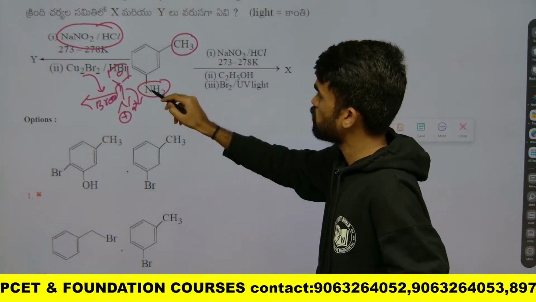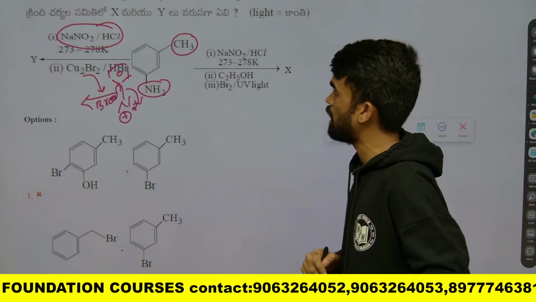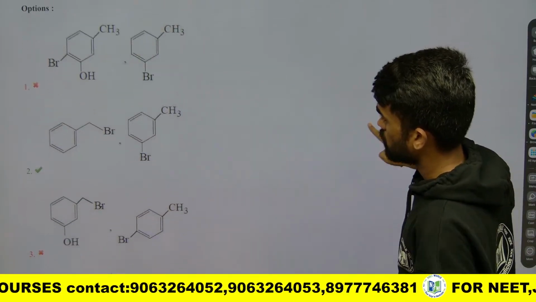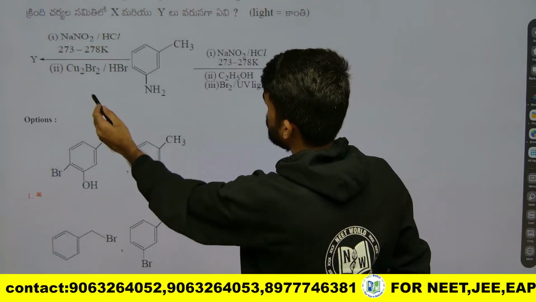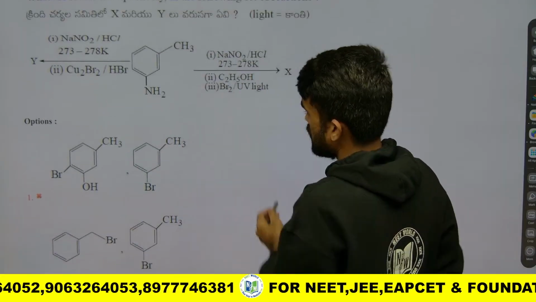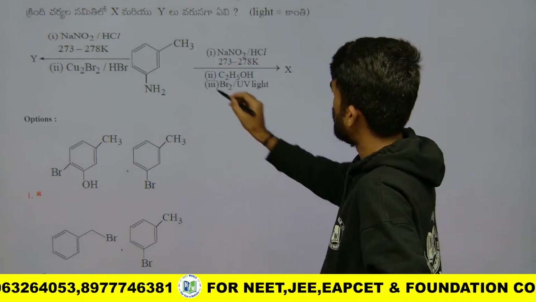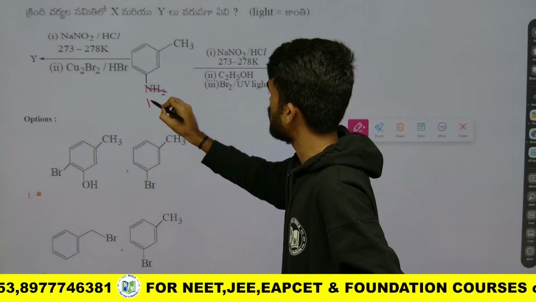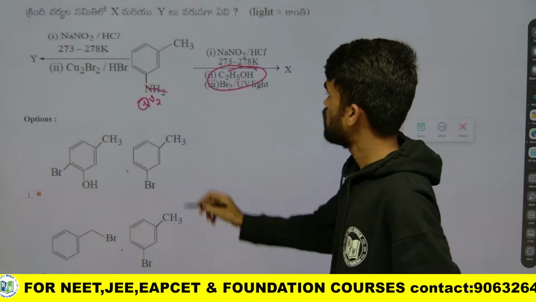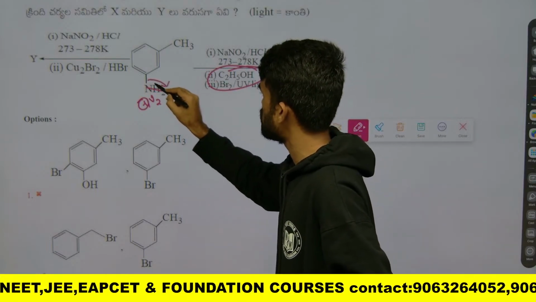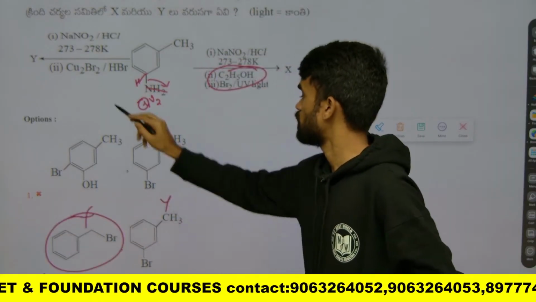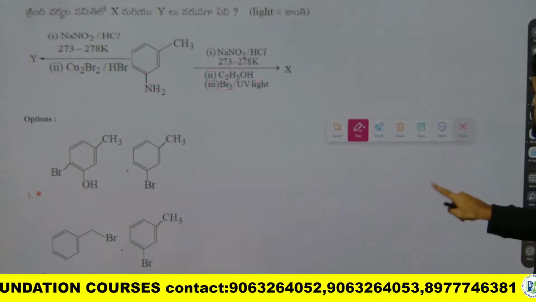Similarly here also. Our Y should be something like this. What about our X? The same happens here: it converts into N2 plus, and from this alcohol we remove the group and replace it with one hydrogen. So here we have X and this is our Y. Option 2 is correct for this question.